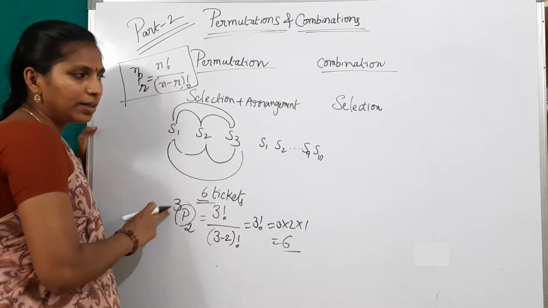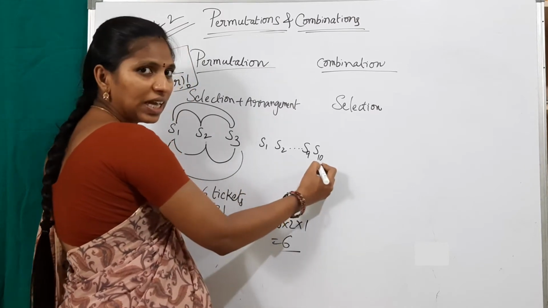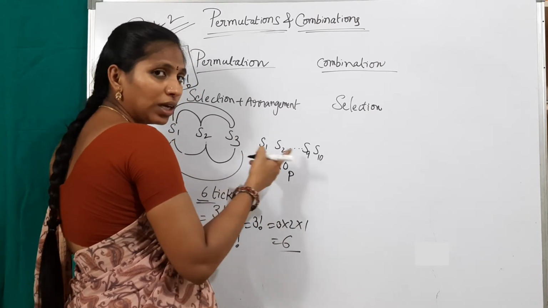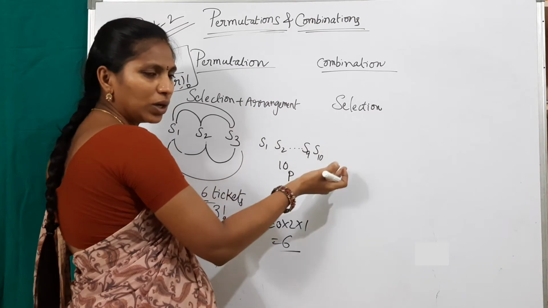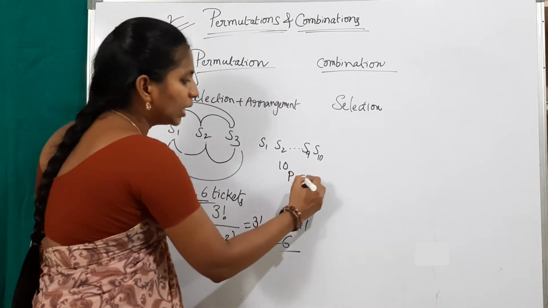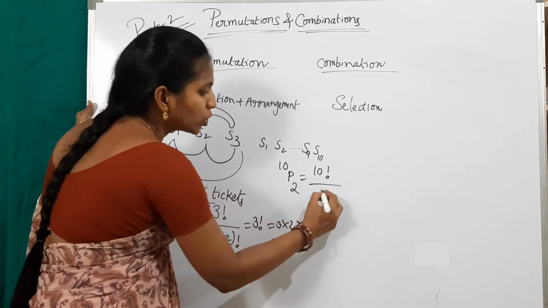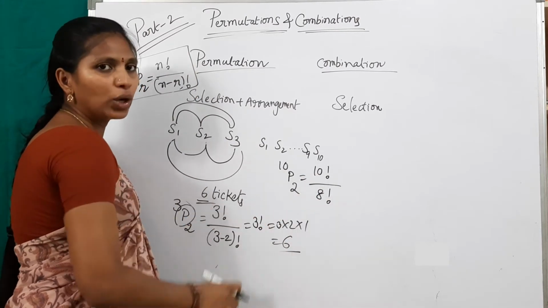Now write this for S1 to S10. How many stations are there? 10 stations. The ticket is for any 2 stations, S1 to S2 or S1 to S10 or S1 to S9, etc. So 10P2 is the result. That equals 10 factorial by (10 minus 2) factorial, so 8 factorial. Simplify and write your answer.